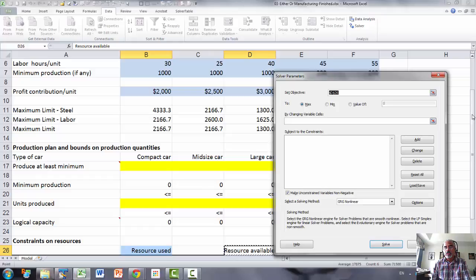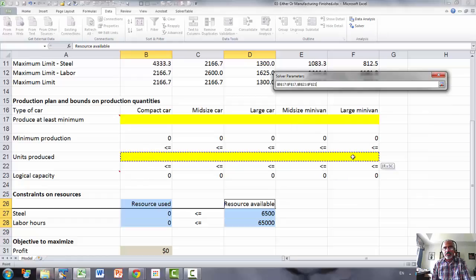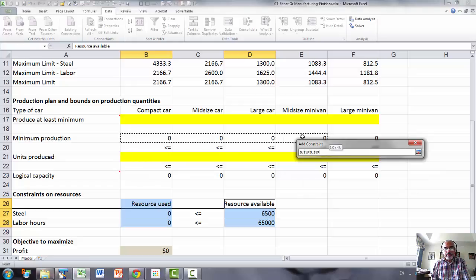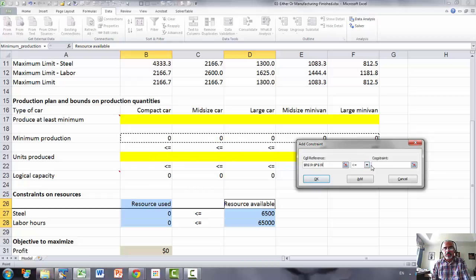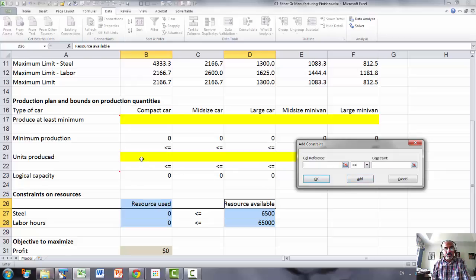Solver, we want profit to be maximized. Changing cells is that and this. Okay, constraints are resource used less than or equal to resource available, and then here minimum production should be less than or equal to units produced, and units produced must be less than or equal to capacity, logical capacity.